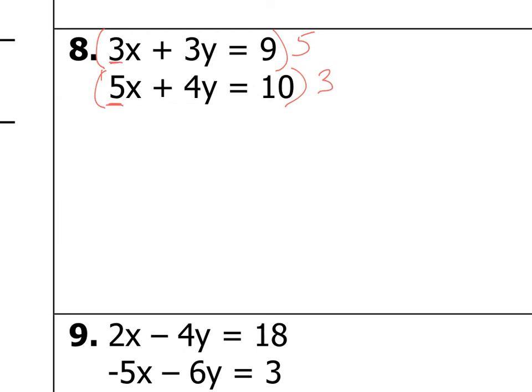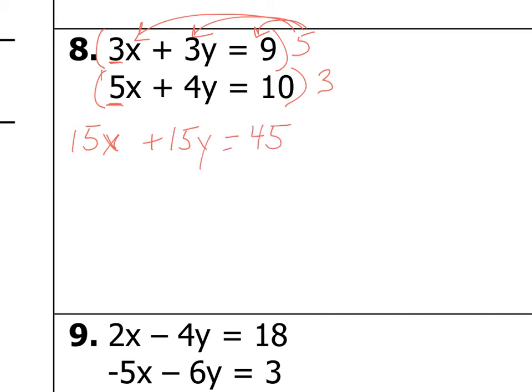And this should give me the same coefficients in my x's now. Again, I'm multiplying 5 into all 3 terms. So 15x, plus 15y equals 45.